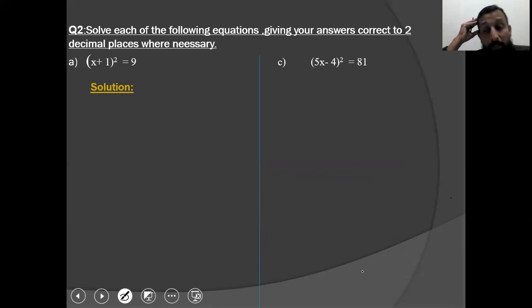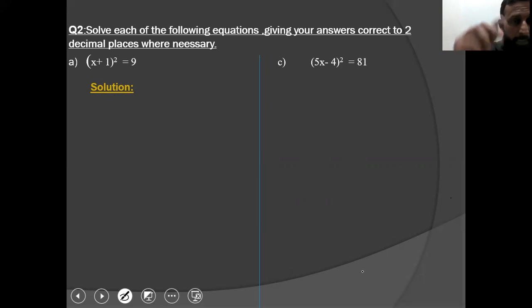Taking square root method. Taking square root method means that, as we can see, in this case, we are asked to solve the quadratic equations. We can see both the sides. The first side, x plus 1 is having a whole square on it, and on the right hand side, it's 9. We know that 9 is also a perfect square of 3.